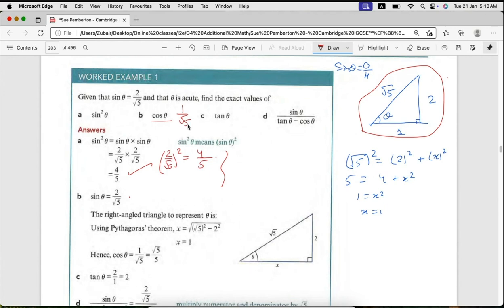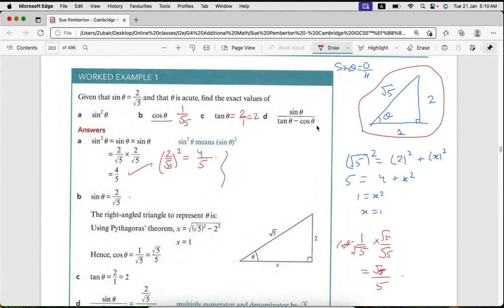Now that depends if you want to leave the answer in that form or rationalize it. 1 by square root 5 into square root 5 by square root 5 would be square root 5 by 5. Calculator is allowed. Calculator will also do this step for you. Tan theta, again from the same triangle, perpendicular over base or opposite over adjacent. Tan theta is 2 by 1, which is 2.